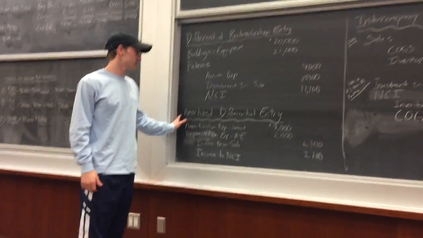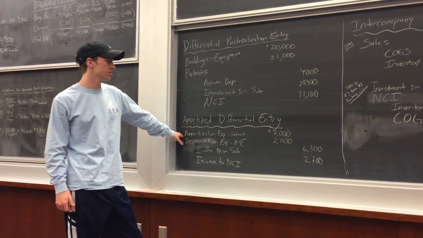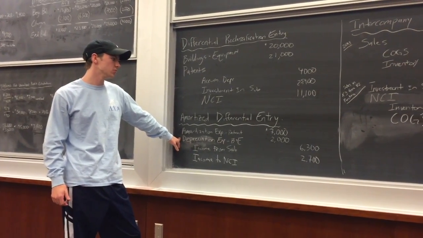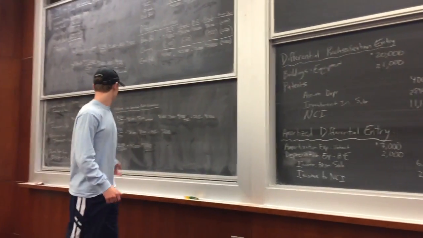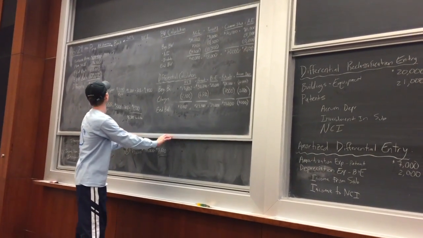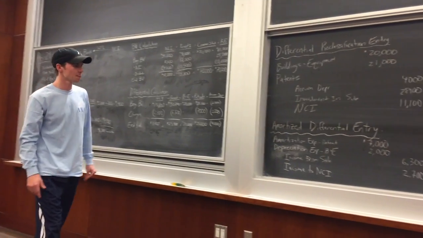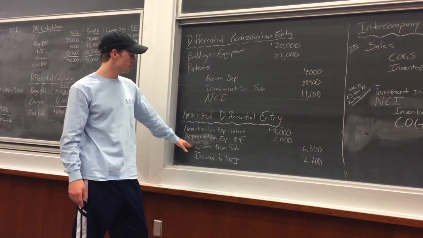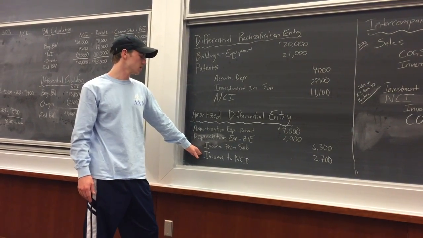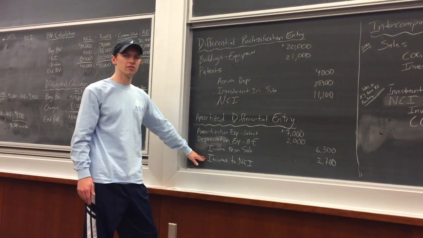For our amortized differential entry, we debited amortization expense for the patent for $7,000 and debited depreciation expense for buildings and equipment for $2,000, and we used the total values that we calculated earlier, the 2,000 and the 7,000, and then we credited income from subsidiary for 6,300 and credited income to non-controlling interest for 2,700, and that's just the 70-30 split of ownership.